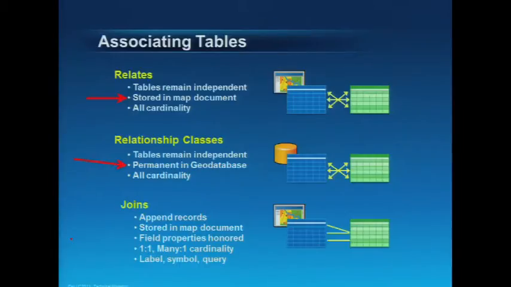Now, relationship classes are more robust and also help you to maintain the integrity of your data. Depending on the relationship classes that you create, you can make a relationship that is simple or composite. So you control the lifetime of your records or your features.